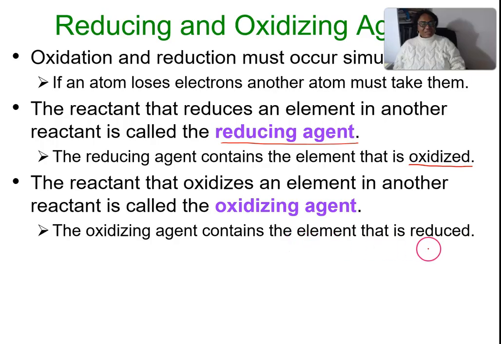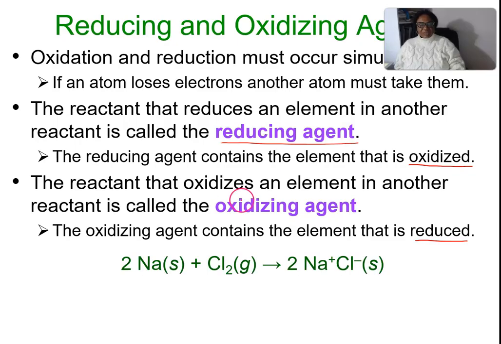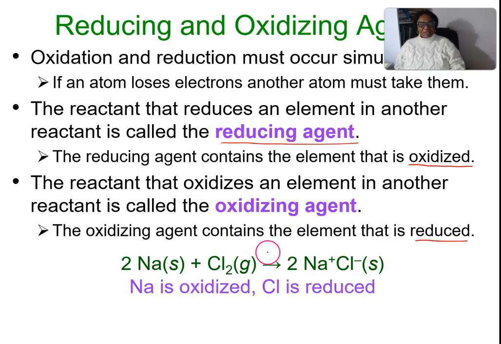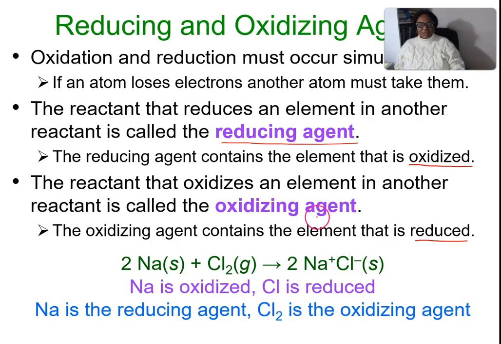Itself, the element is reduced. So for example, sodium plus chlorine. Sodium is oxidized, chlorine is reduced. So sodium is the reducing agent, meanwhile chlorine is the oxidizing agent.